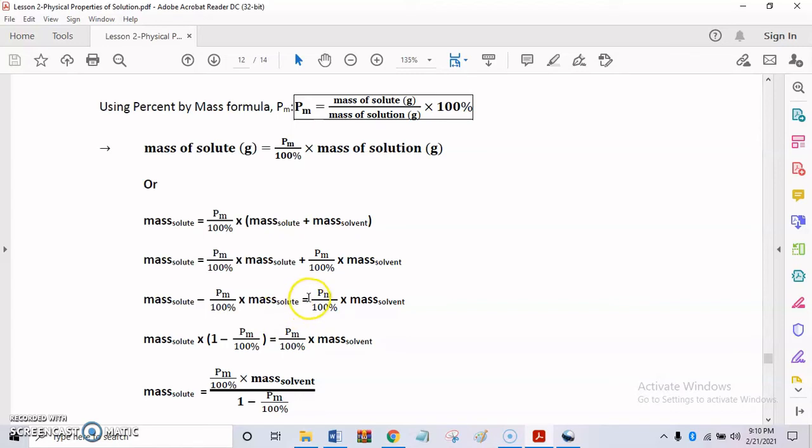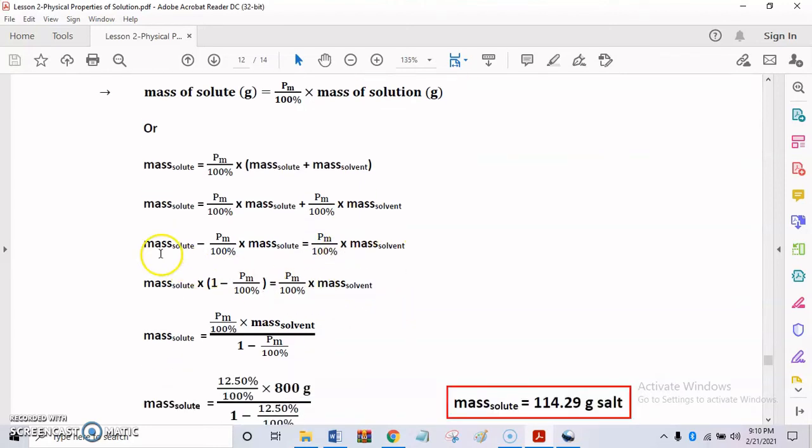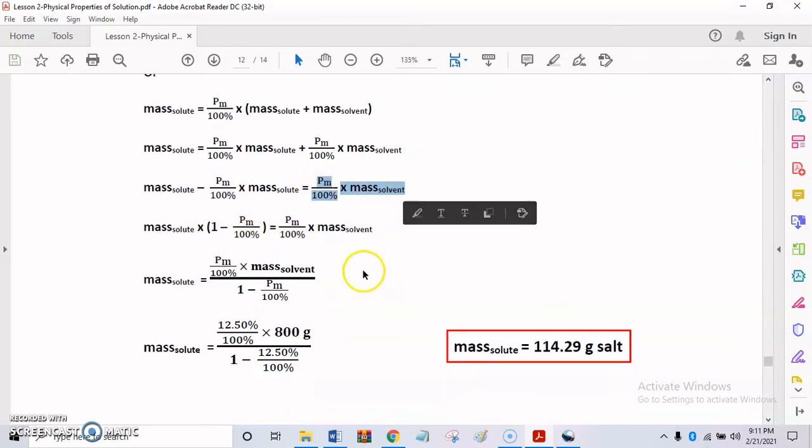And now equal to, what remains here is PM over 100% times mass solvent. Mass solute, we take it out, because both terms have the same basis, mass solute. So here is 1, there is 1, and PM over 100%. Taking it out, what remains inside is 1 minus PM over 100%, in open and close parentheses. Copy this, equal.